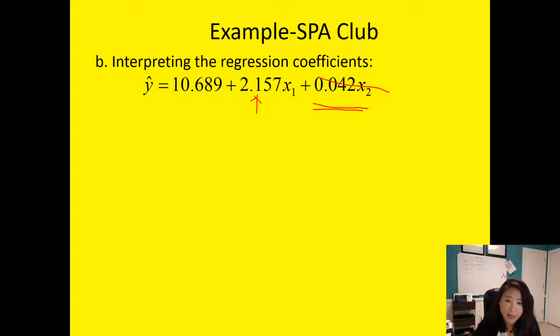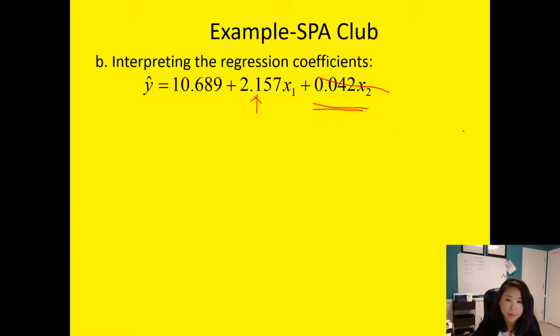If x2 changes as well, this shouldn't be the value obtained. So that is the one thing you need to add compared to chapter 14. The interpretation is almost the same, except at the end you should add one more phrase, that is, keep other variables constant or keep other variables not change.